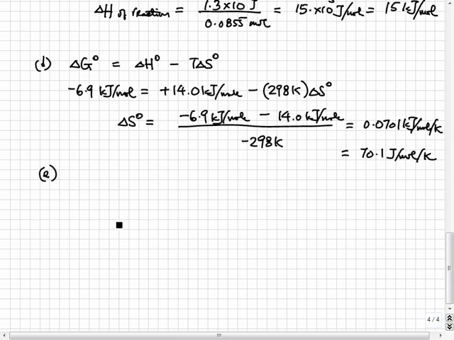E. If the measured delta H is 11% less than 14.0 kilojoules per mole, we get 12.5 kilojoules per mole.